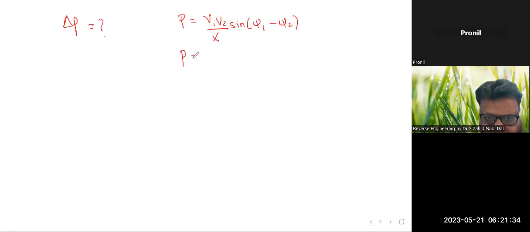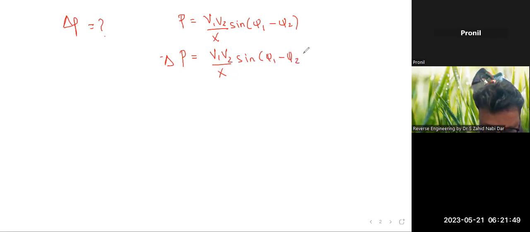So P would be equal to V1, V2 by X sine sigma 1 minus sigma 2, and delta P would be equal to the same with an additional term, plus delta sigma, because this is the error. This error we have to find. Now what we need to find is P minus delta P. P minus delta P would give us the error.